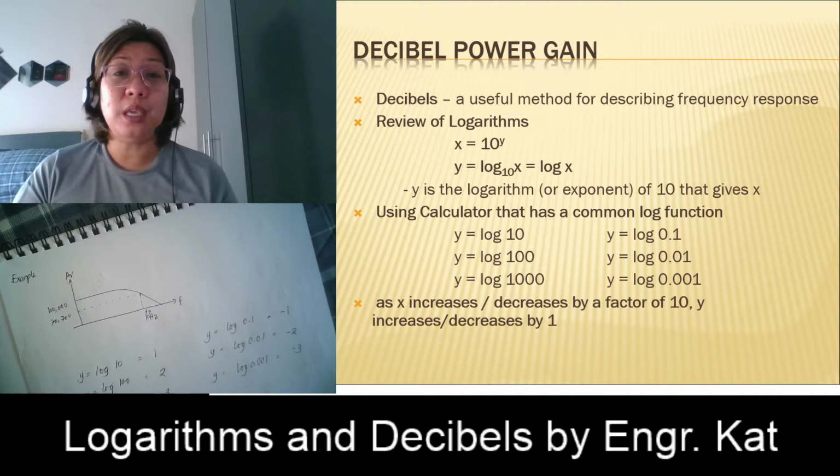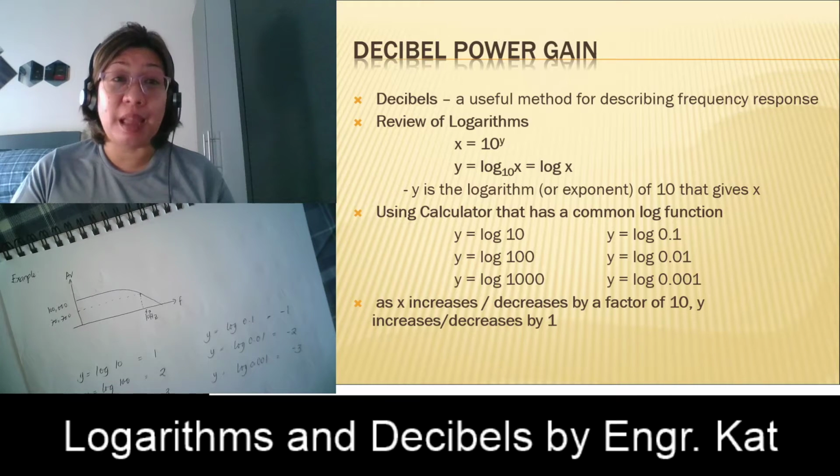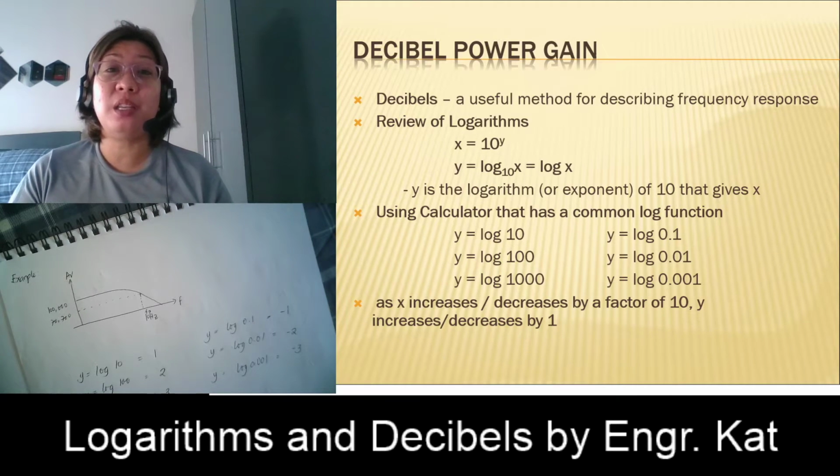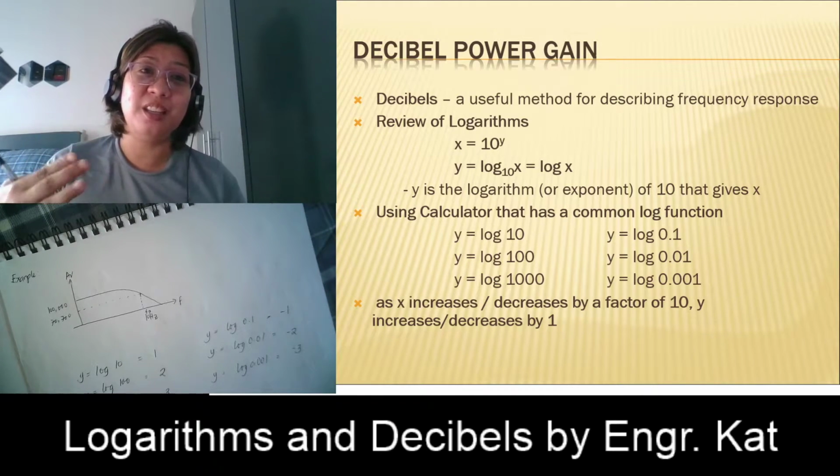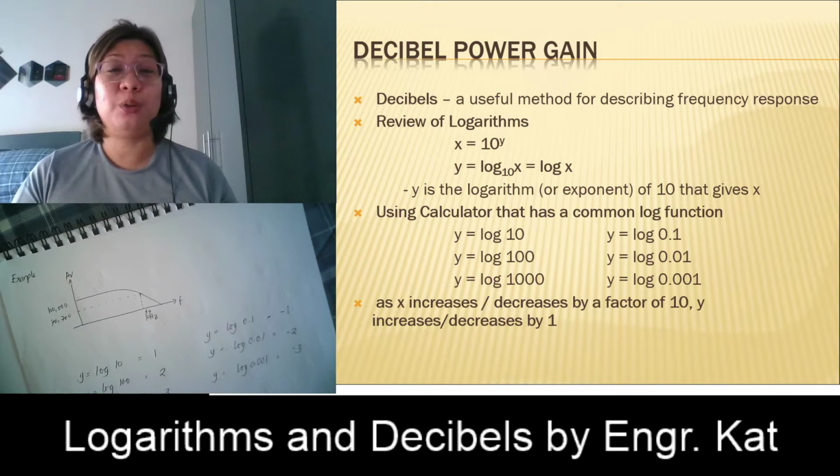As you can see, your numbers go from 10 to 100 to 1,000, increasing by many times, yet their logarithm value, or decibel value, is just 1, 2, and 3. They are just increasing by a factor of 1.